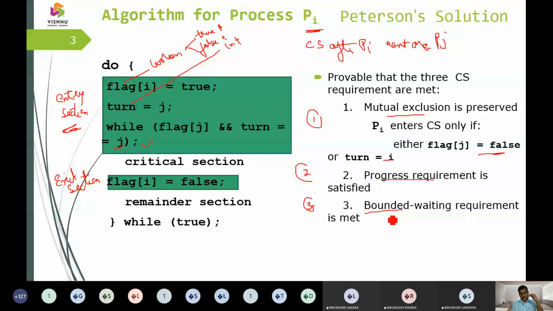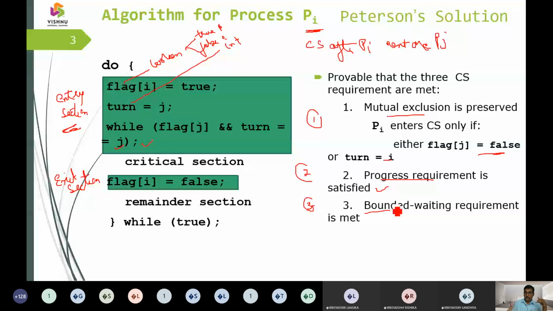It is going to give a time. So until Pi comes out, Pj is going to wait. That is bounded waiting, where we say Pi has been executing this critical section for 25%, 30%. In this way, it brings out the bounded waiting requirement, so that requirement is going to be satisfied.